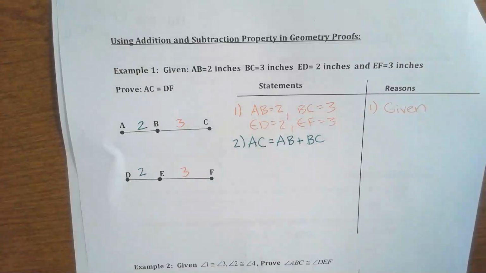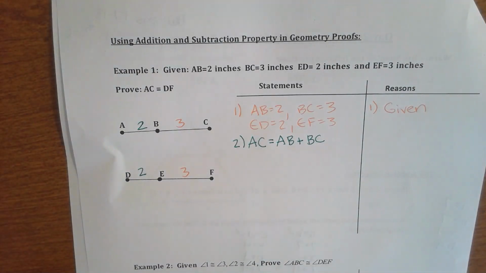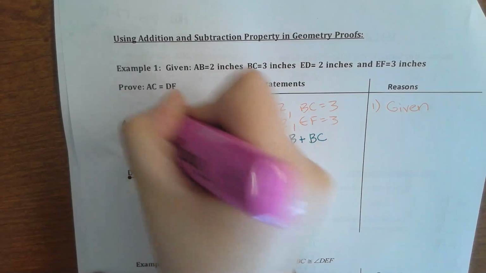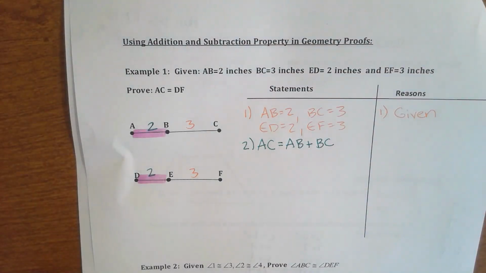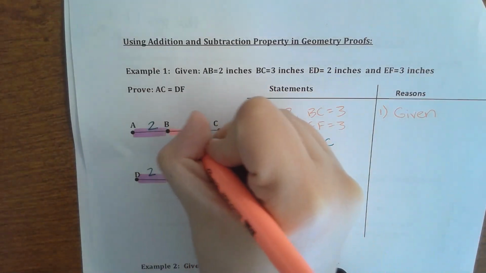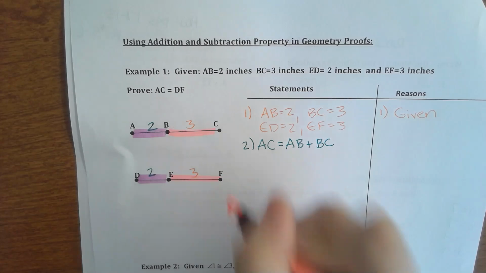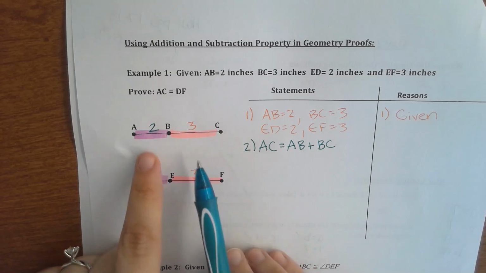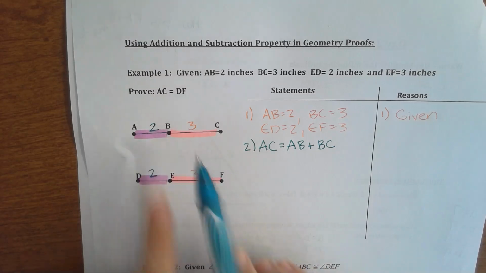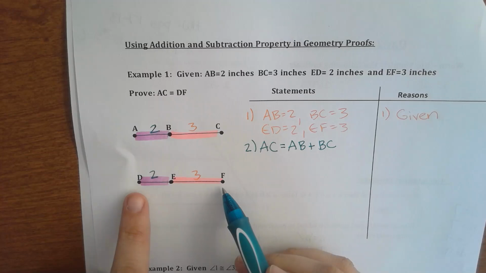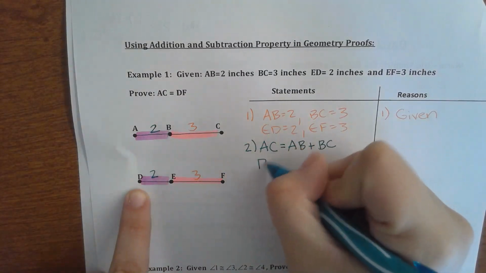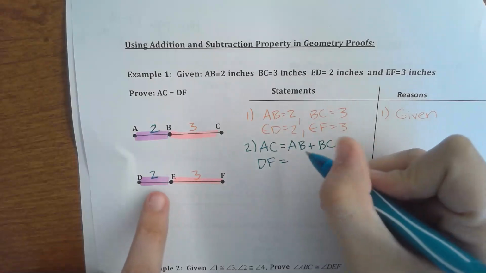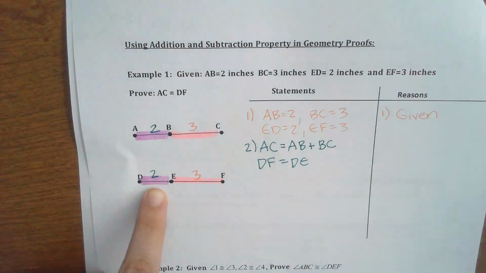Let's give these some colors here. So I can get AC if I add purple and pink. Then if I come down here, I can get DF if I add purple and pink.